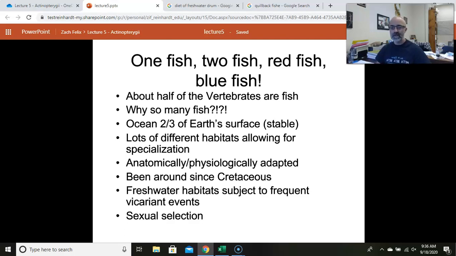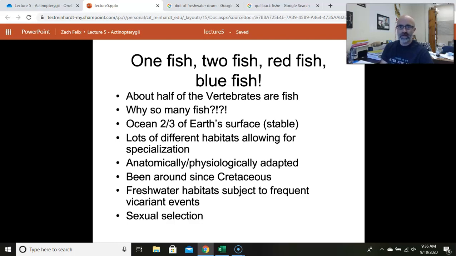And then fish are very big on sexual selection, and organisms that are strongly sexually selected also tend to have promoted speciation, because remember, speciation is just about reproductive isolation. It goes down to breeding choice.